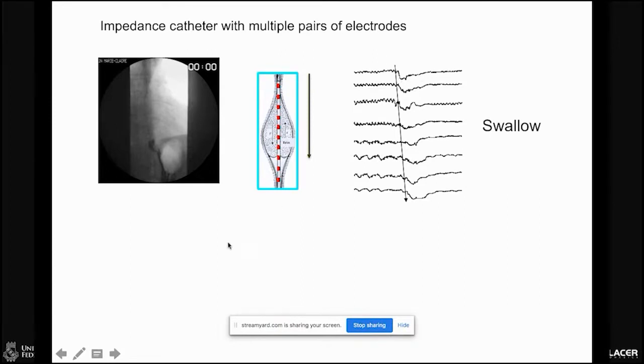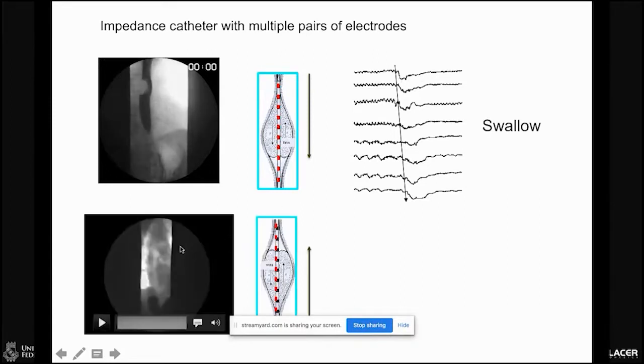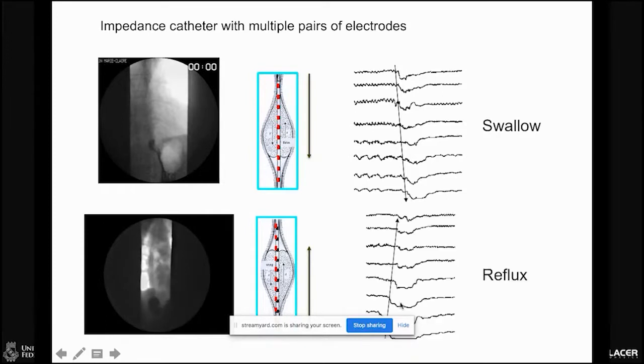Now, in the opposite situation, where the liquid is moving from the stomach upwards, what you see is a drop in impedance, but in this case moving from below in the stomach up to the mouth, and then recovery. So this is what impedance shows during a swallow of liquid, and this is what impedance shows during a reflux of liquid.